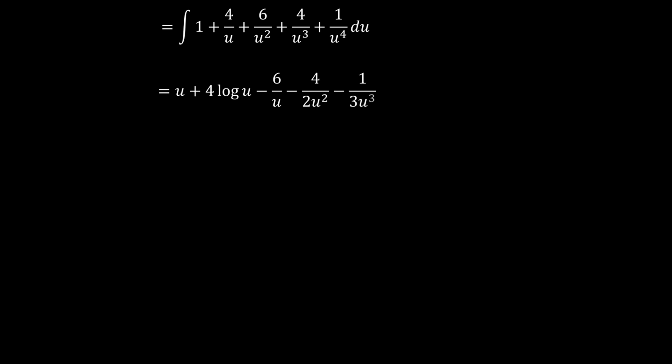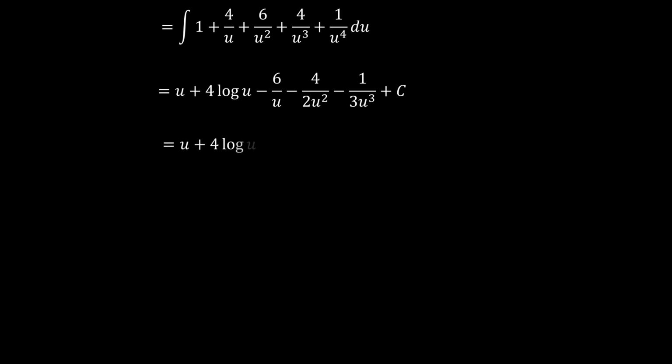So going forward now, we integrate these terms independently. For 1, it's u, 4 over u is 4 log u, and 6 over u squared is minus 6 over u. And then for 4 over u to the power 3, we have minus 4 over 2u squared. And then for 1 over u to the power 4, we have minus 1 over 3u cubed.